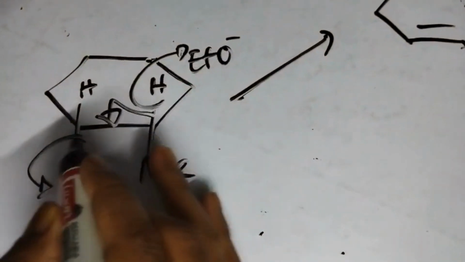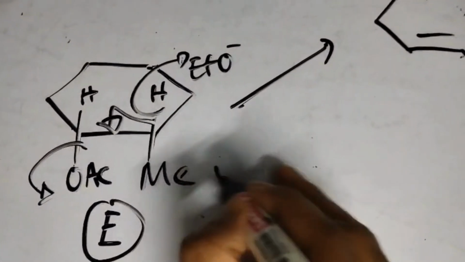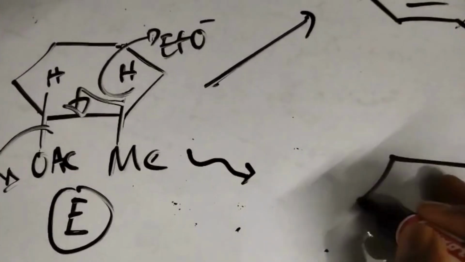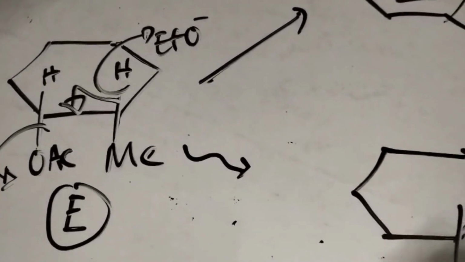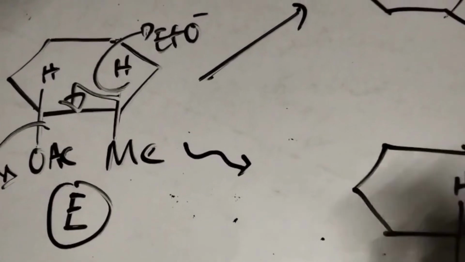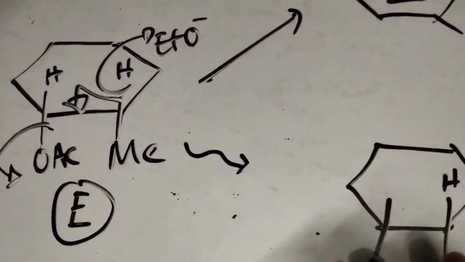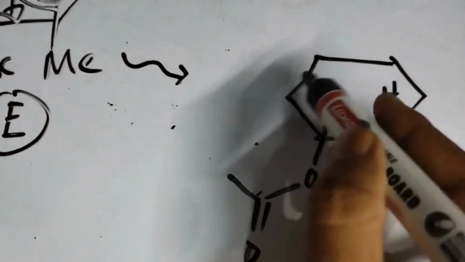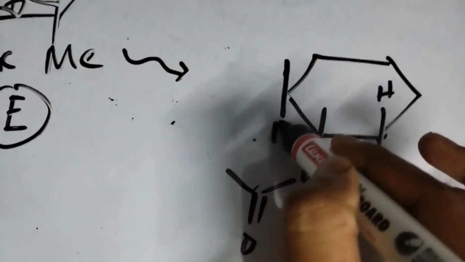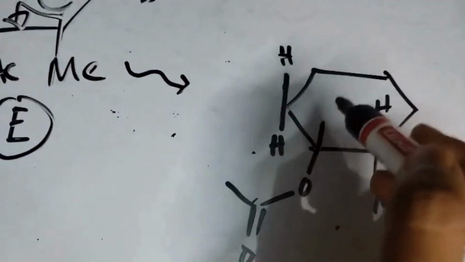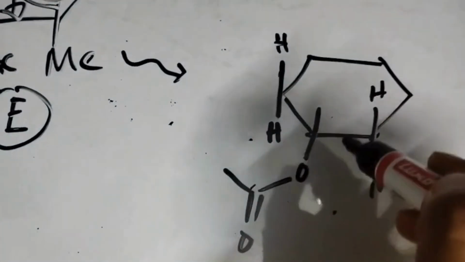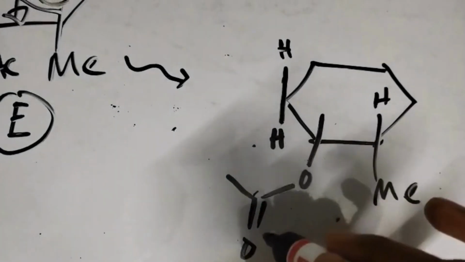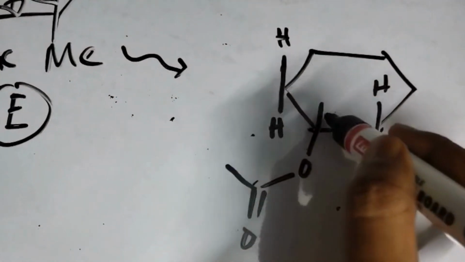Now what happens if we heat this compound without any extra reagent? If we open this up a bit, this is equivalent to something like this. On heating, this ester undergoes pyrolysis, and as a result this double bond is formed here.